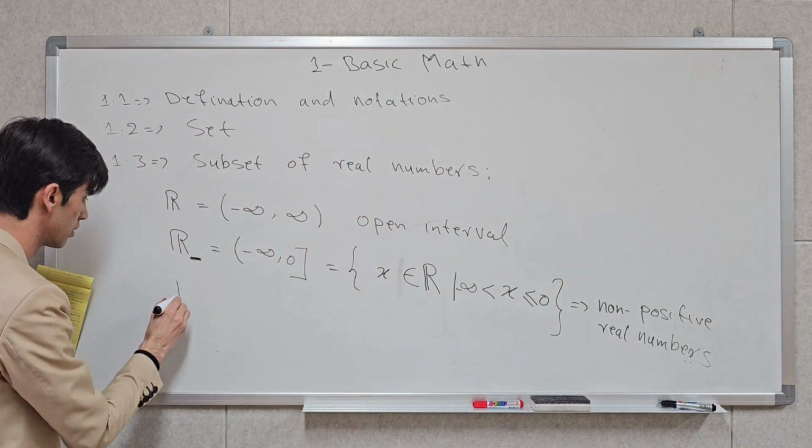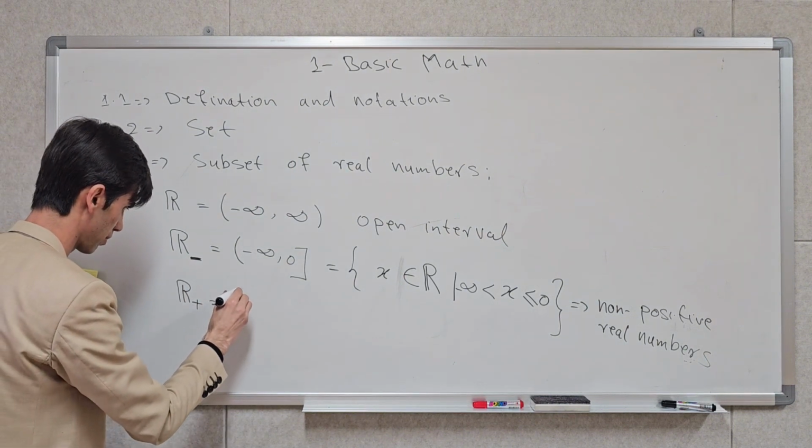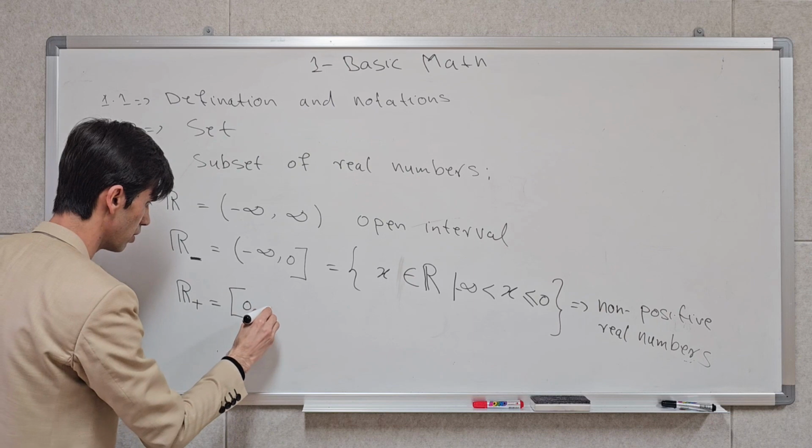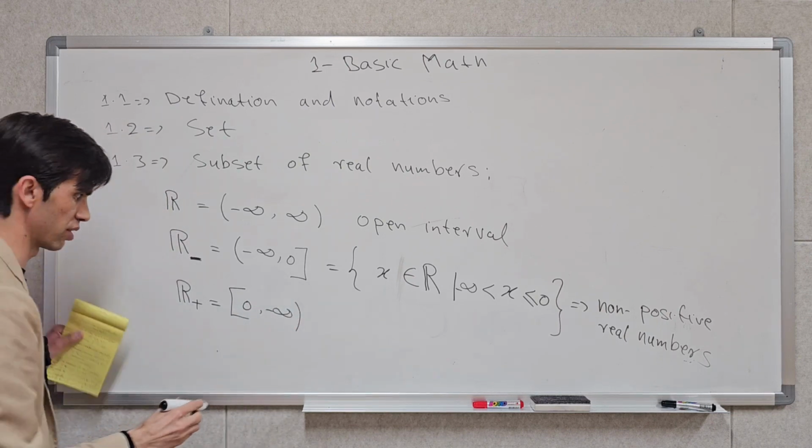So that's why we can only say non-positive real numbers. And this one, R positive, starts from 0 up to positive infinity, but does not include positive infinity.